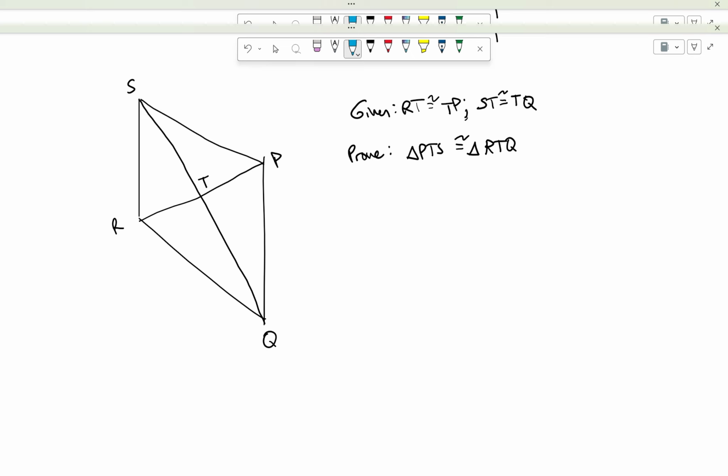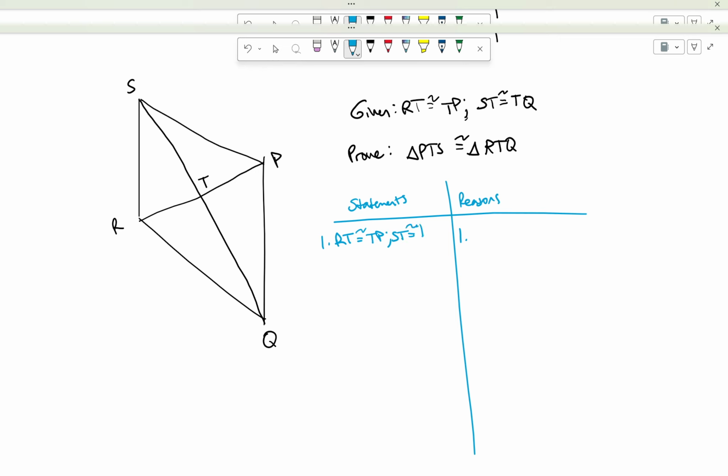So, step 1, let's actually create our 2-column proof. Let's set up our 2-column statements on the left, reasons on the right. And let's always know that we can do step 1 together, which is restating RT congruent to TP and ST congruent to TQ, which is given.